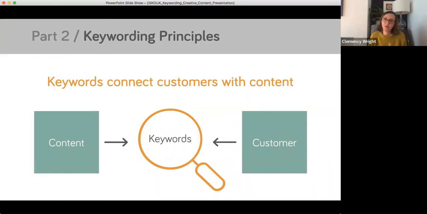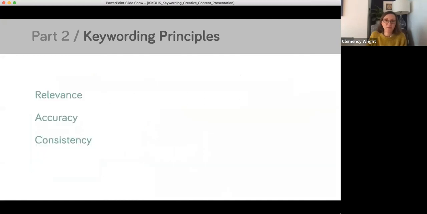It's keywords really that form that connection between the content that they haven't seen yet, the content that they're thinking about and visualizing, and the keywords that they use to express that image in their mind's eye. And the keywords ultimately serve the purpose of connecting them with that content that they desire.